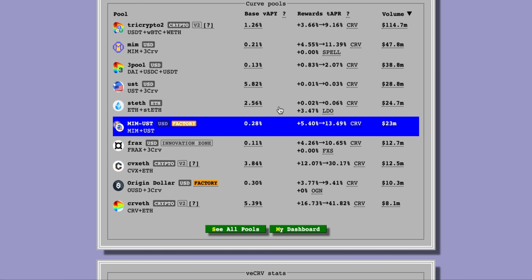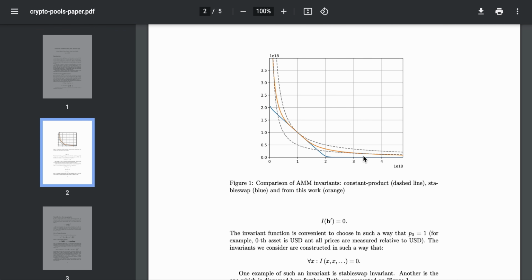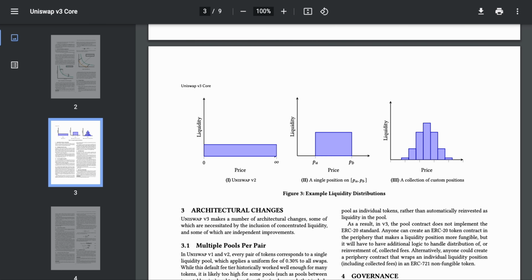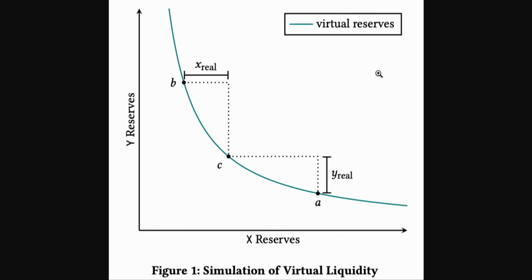Technically, Uniswap V3 and Curve have basically the same transactions for stablecoin.